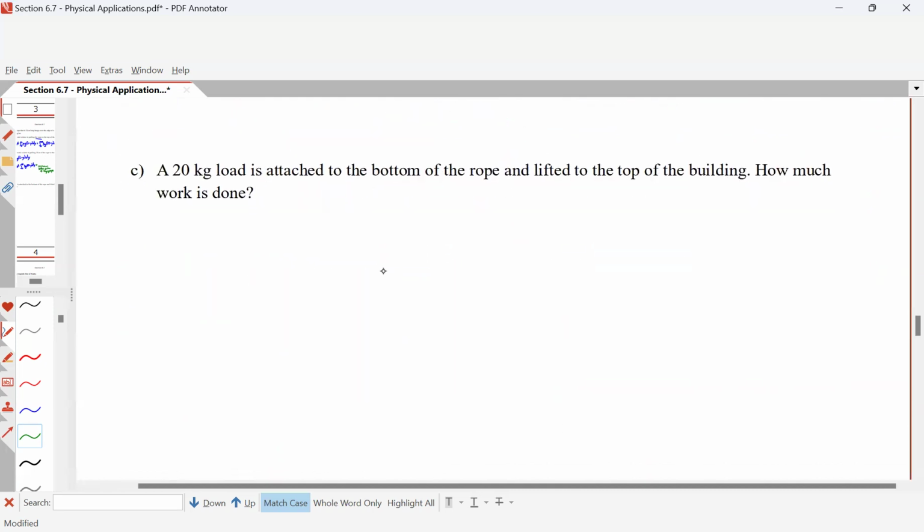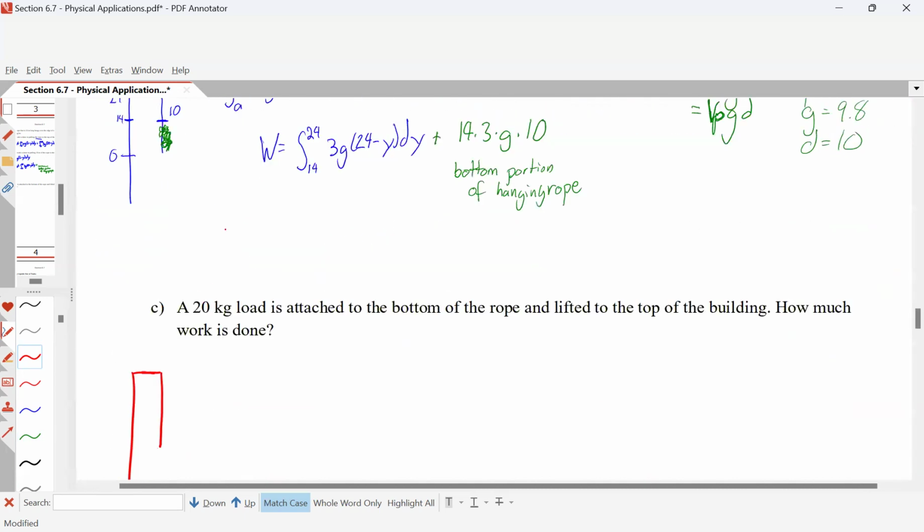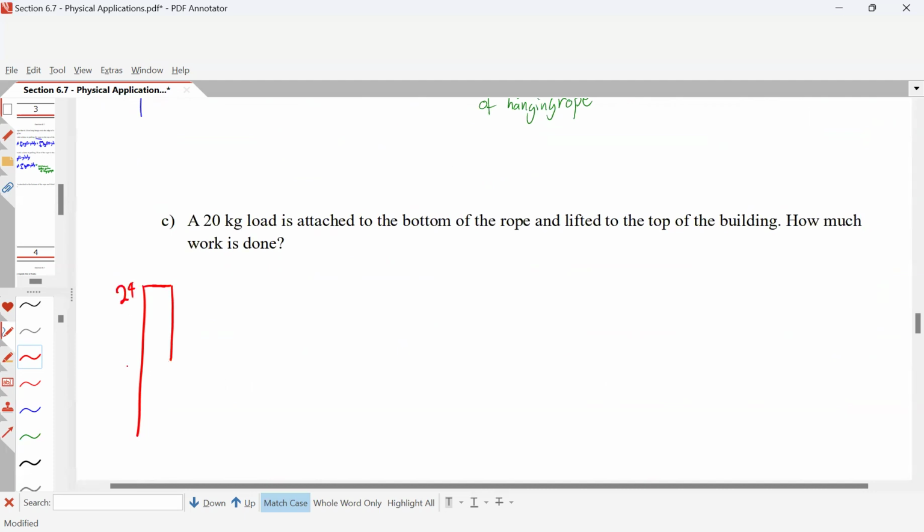Now, part C says a 20 kilogram load is now attached to the bottom of the rope. We still have that 24-meter long rope. But now there's this giant 20-kilogram load. The work done for just the rope, we've already calculated.